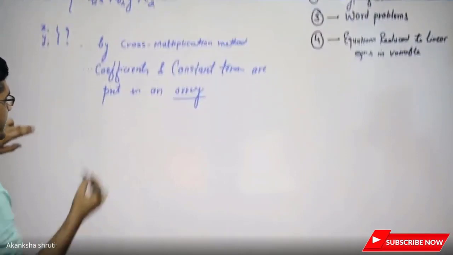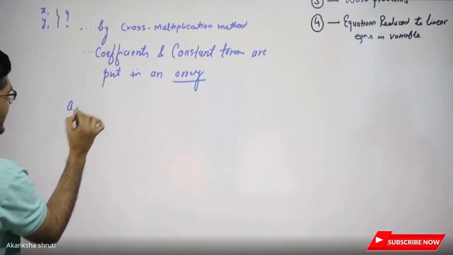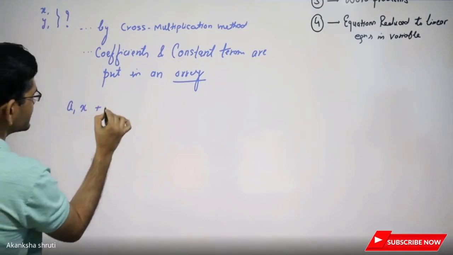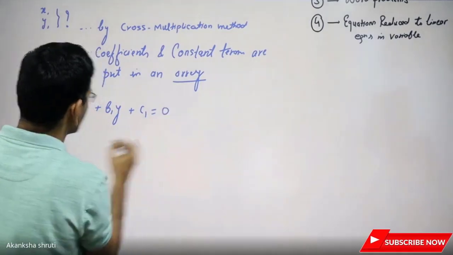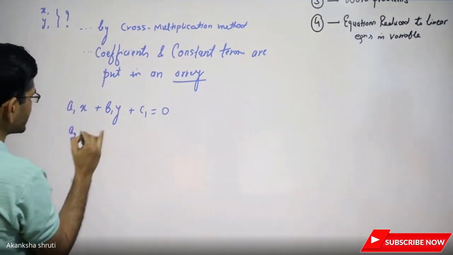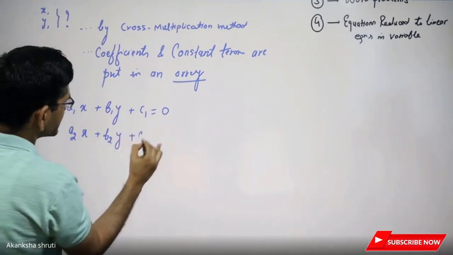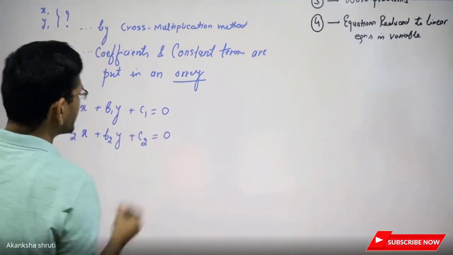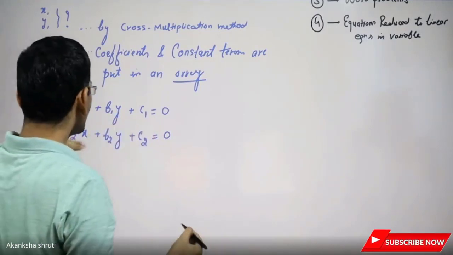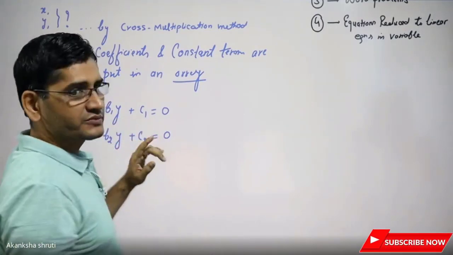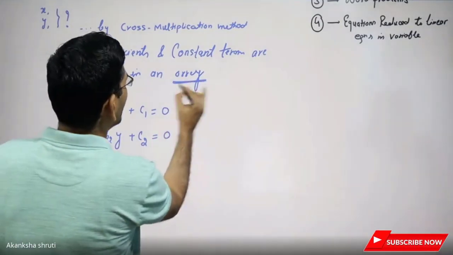Students, let me rewrite the equations. We have a1x plus b1y plus c1 equals 0 and a2x plus b2y plus c2 equals 0. Always take the equation in general form. That is the very first step for writing this array or arrangement.